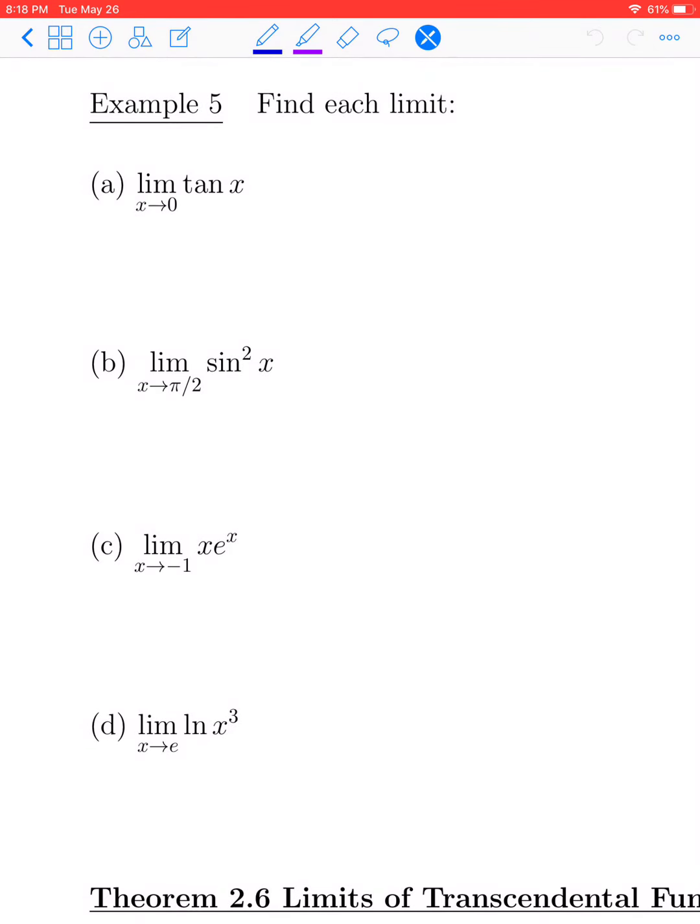Let's find the limit in each example. One of the things that this example will teach us, and we'll see this summarized in Theorem 2.6 in a moment, is that the basic functions, your polynomials, your rational functions, your trigonometric functions, and your transcendental functions are all quote-unquote well-behaved, or what we're going to call continuous, at all of the points in their domain.